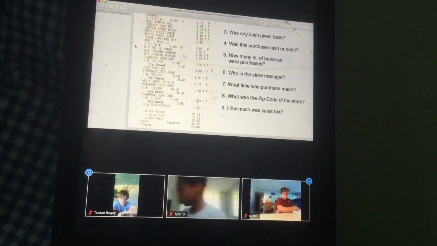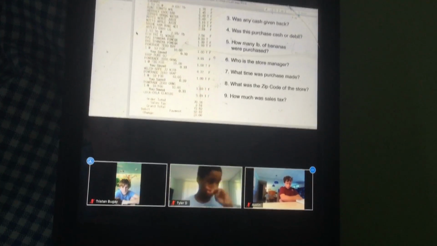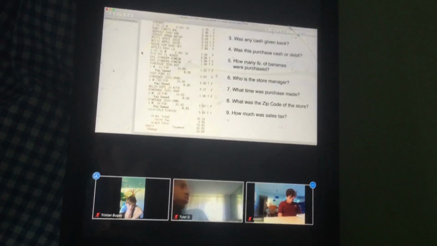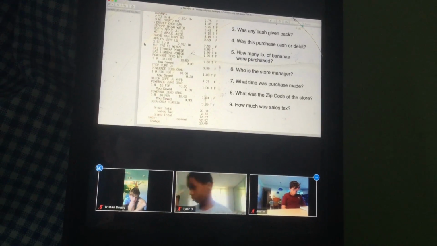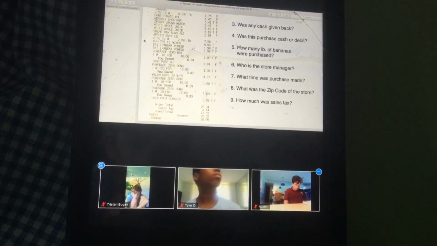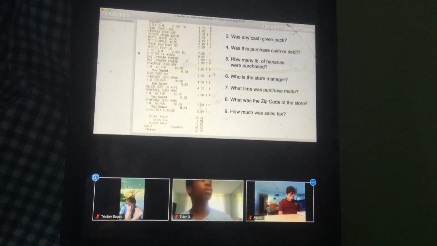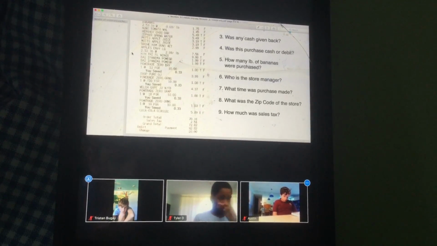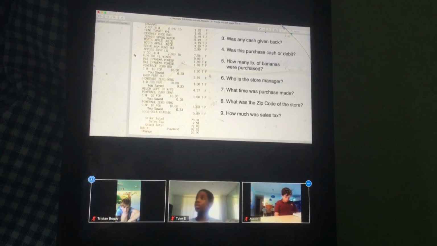Hey, Christian, sit up. Let me see some good posture from you. Okay, so the state of Florida collects sales tax. Now, my $2.51 that I spent on sales tax may not sound like a lot, but if you multiply that by the millions of people in the state of Florida who shop and pay sales tax, it adds up to quite a bit.